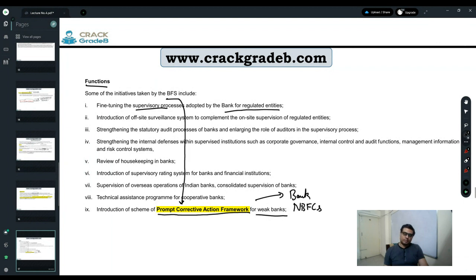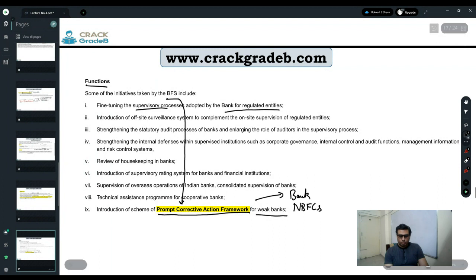Correct anything before it is too late to correct. The basic meaning of prompt corrective action is to make things correct before it is too late, right? So this is the main objective.